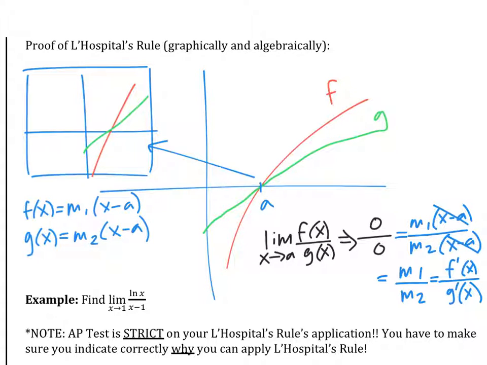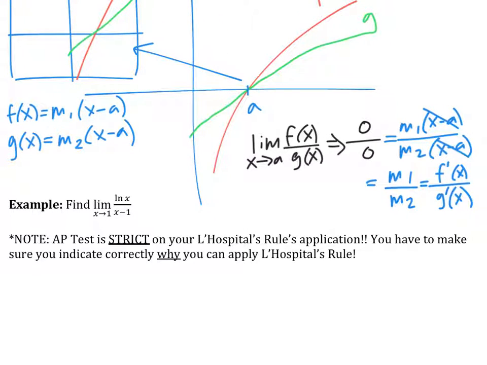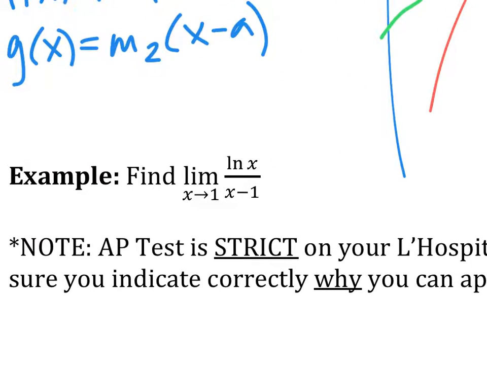All right, let's solve some problems. Find the limit as x goes to 1 of natural log x over x minus 1.